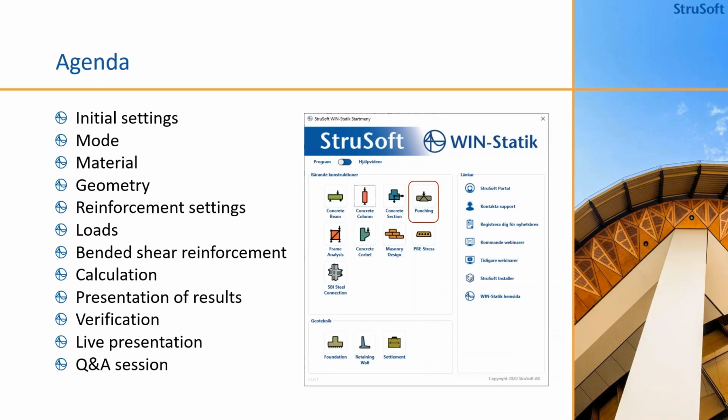Punching. We will look into the initial settings when you start up the program. We will take a look at a few modes in the program. Then we will look at material, input of geometry and reinforcements, input of loads, and bended shear reinforcement.